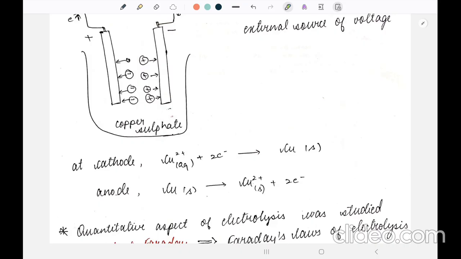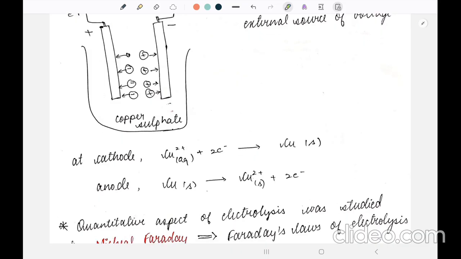That is in contrast to the galvanic cell, in which the cathode is a positive electrode. So the anode in an electrolytic cell is the positive electrode where oxidation of ions will occur, and therefore it will be the reverse of the galvanic cell, where we have reduction at the cathode and oxidation at the anode.